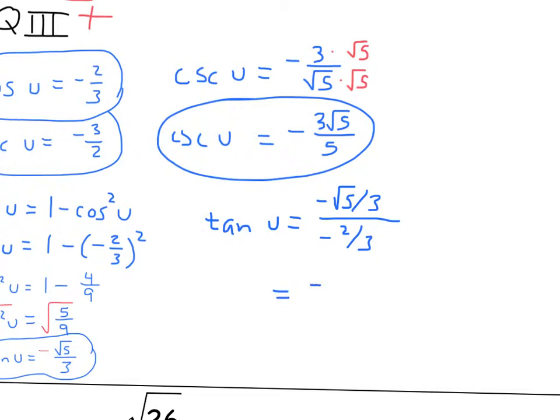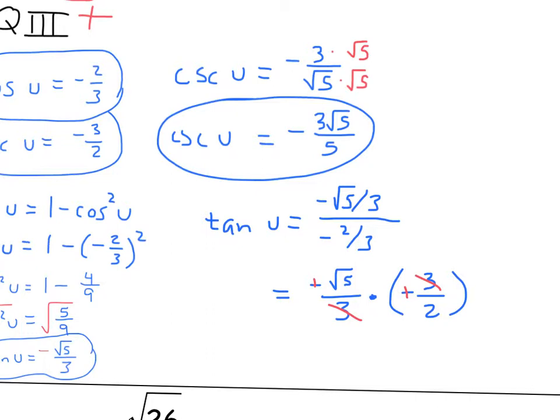Now, if we need to see that written as a multiplication problem, then I need to put the denominator as a reciprocal. So now it's multiply by negative 3/2. Clearly, we see there's a cancellation, and the double negative becomes positive.